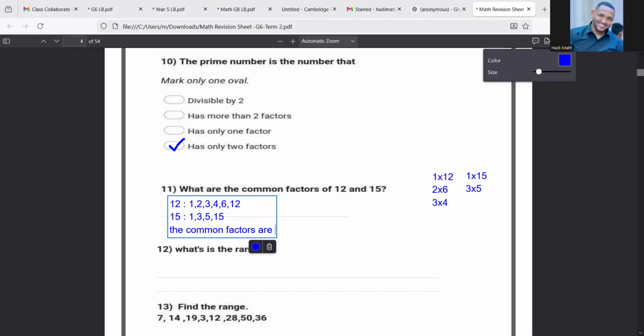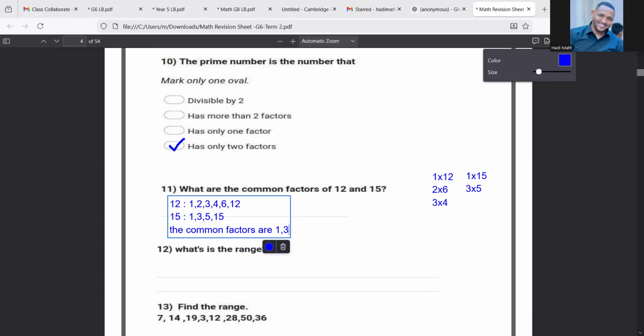You can take any number, the 12 or the 15, as you like. If you like to take the 12, go with the 12. 1. Do you have a factor 1 in 15? Yes. Write it. Go to second. 2. Do you have 2 in 15? No. 3. Do you have 3 in 15? Yes. 4. Do you have 4 in 15? No. 6. Do you have 6 in 15? No. 12. Do you have 12 in 15? No.